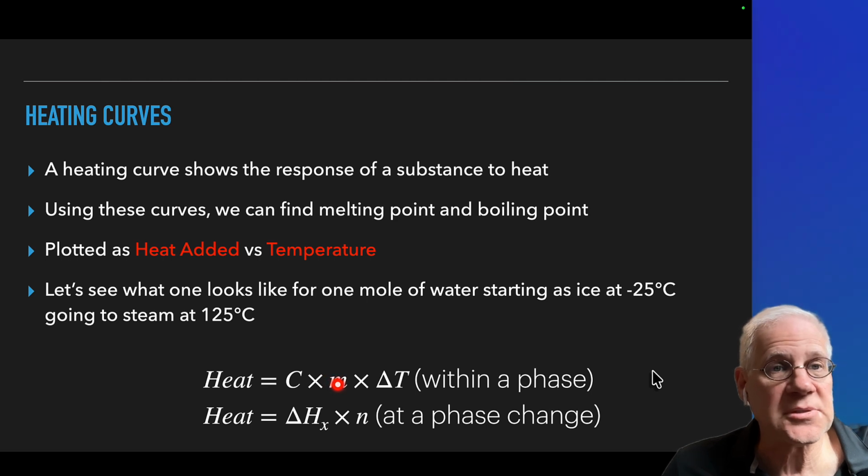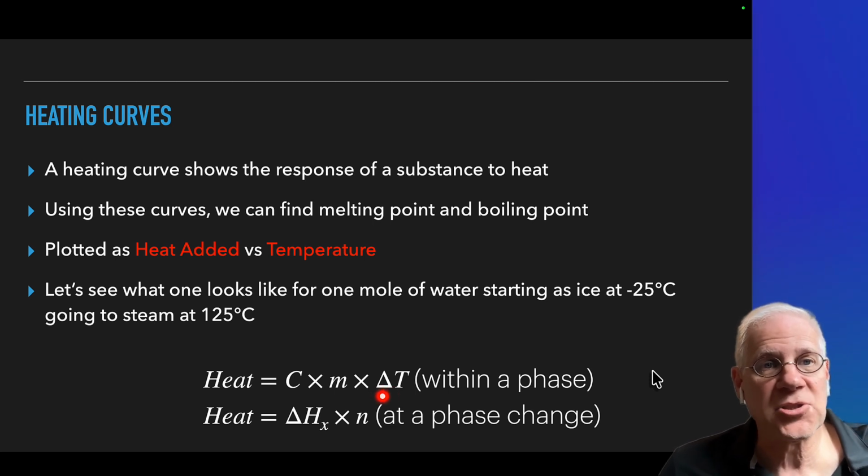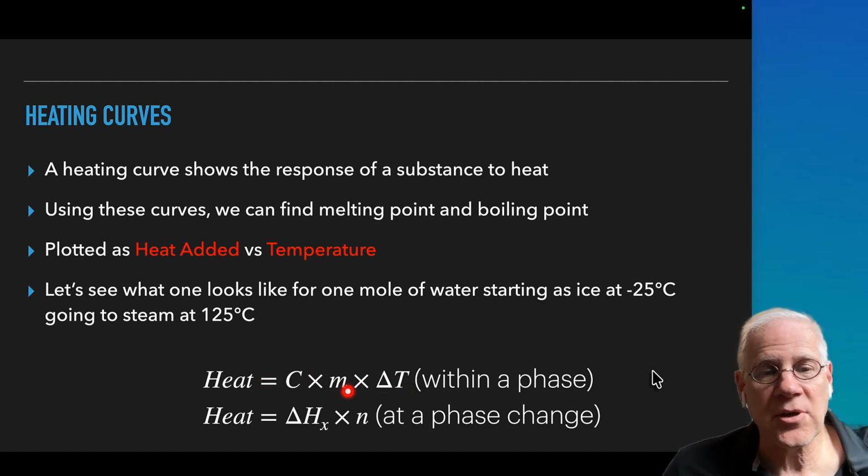As long as your sample is in an enclosed system, your mass remains the same. And then the delta T is just how much you are changing the temperature by to get from one phase to another or within that phase. Okay, now something to keep in mind with this calculation is your C's are usually in joules per Kelvin mole. So your heats come out of this equation in joules.